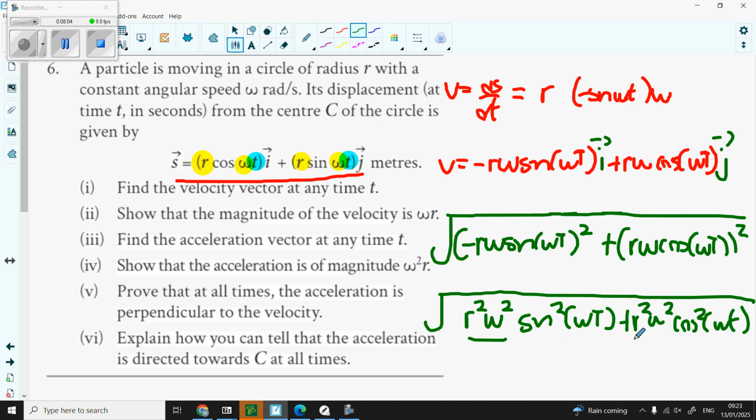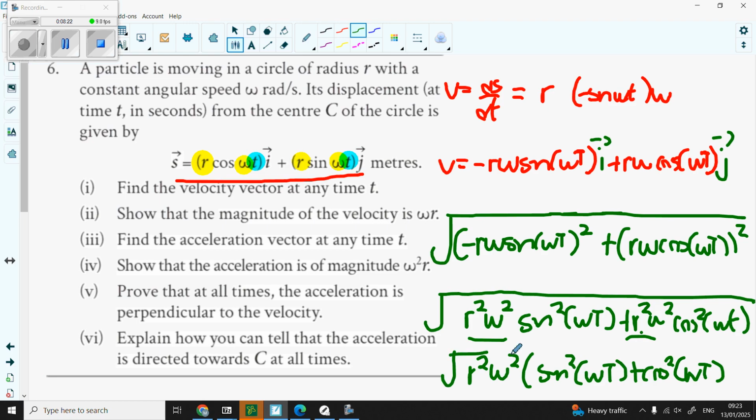What can we factorize out of both of them? r squared omega squared, yeah? And what do you think the last bit equals then? What does it equal? 1. Sine squared of any angle plus cos squared of the same angle gives me 1.